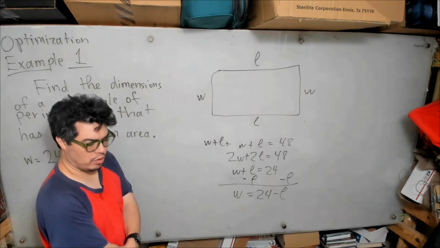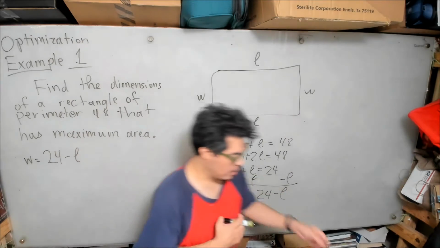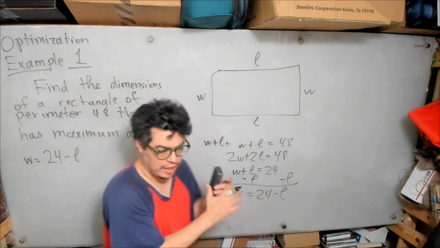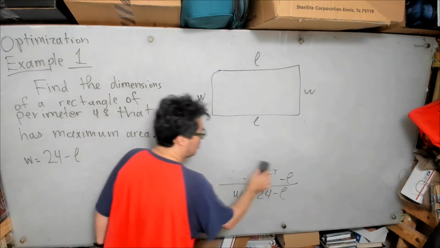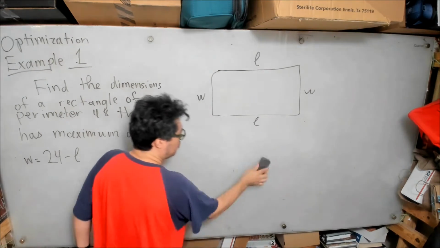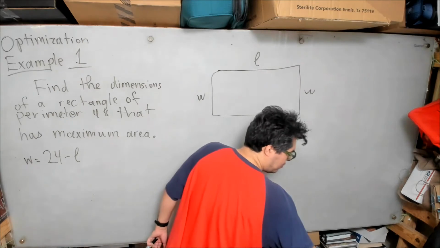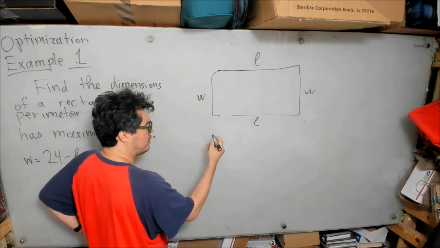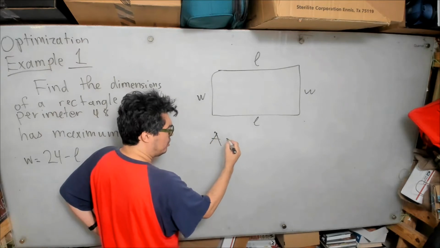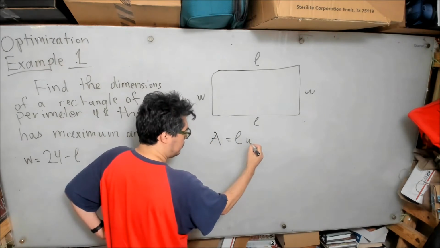What else do we know about a rectangle that we need to focus on in this problem? Well, they're asking us about the area. They want us to maximize the area. So first of all, what is the area of a rectangle? The area of a rectangle is going to be the length times the width.